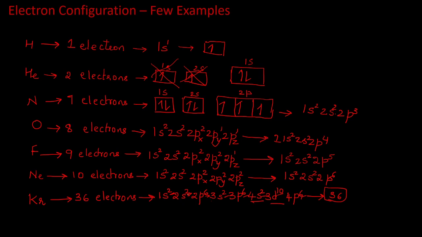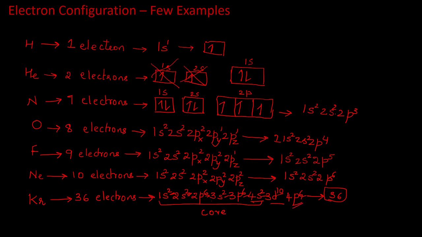Looking at this kind of complex electron configuration, you will also see that these electrons which are here are somewhere inside the atom, closer to the nucleus. We call them the core electrons, and the ones in the outermost orbital, we call them the valence electrons.